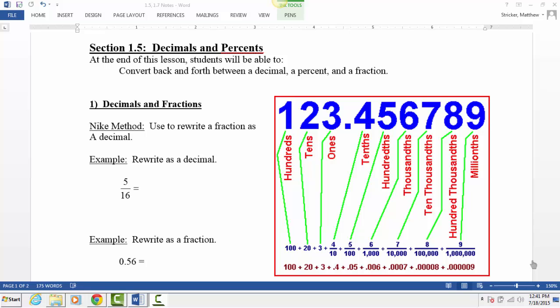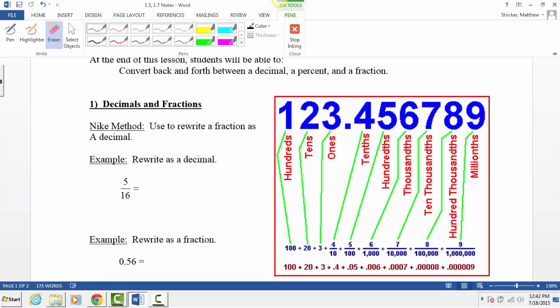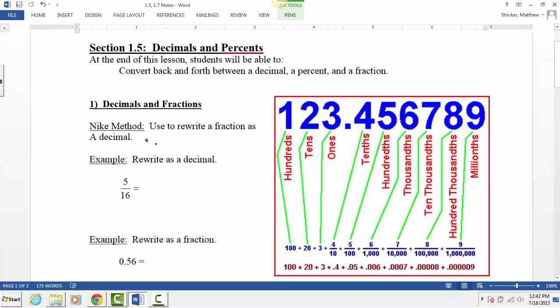Specifically, when rewriting a fraction as a decimal, I like to use what's called the Nike method. Most of you will think of Nike as a clothing company that makes shoes and articles of clothing. But they're also well known for a saying, which is just do it.